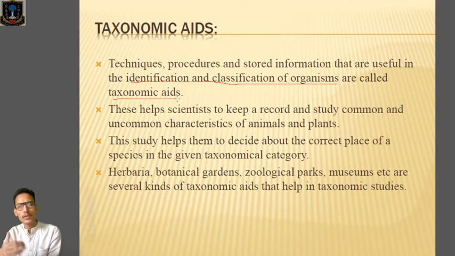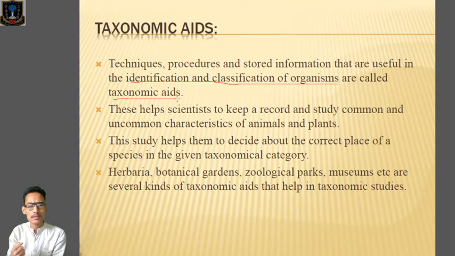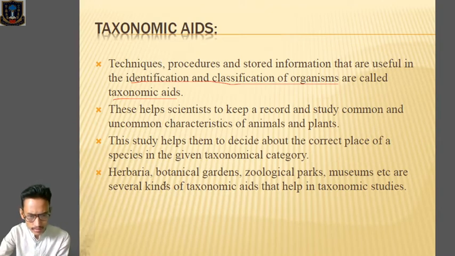So what are the different tools for taxonomy? On the basis of which particular criteria we are identifying the species and we are classifying them? Mainly the tools that we are using for the taxonomic aids or for the taxonomic classification include herbarium, we call herbaria, we have got botanical garden, zoological park, and zoological museum.